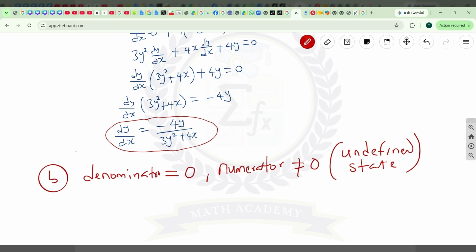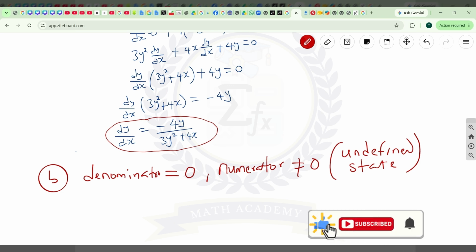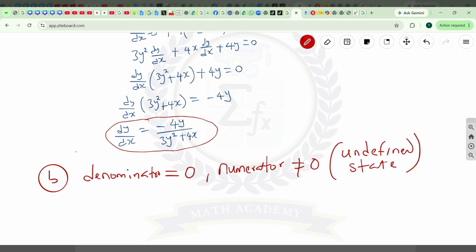So what that simply means is we are going to say that 3y squared plus 4x, which is the denominator of negative 4y over 3y squared plus 4x, is going to be equal to 0, since it's an undefined state. So we're going to equate that to 0.